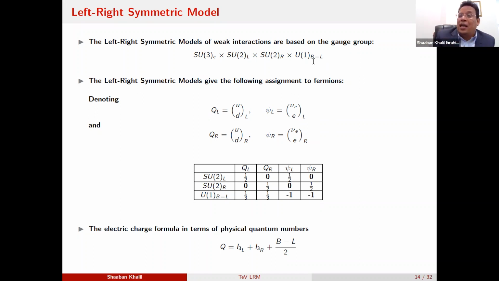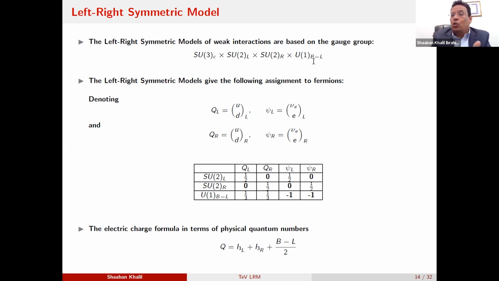We know the B minus L symmetry, we know SU2 right, and then the symmetry goes down to the U1 hypercharge with the exact number that you derive, and then this U1 with SU2 left goes down to U1 electromagnetism. You see that it becomes a beautiful structure. It's natural. You start everything at high scale.